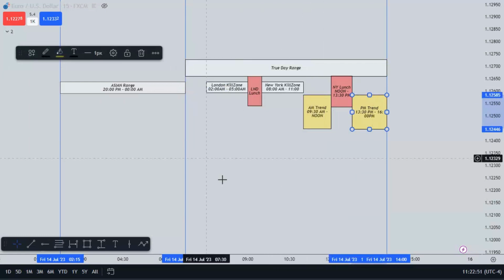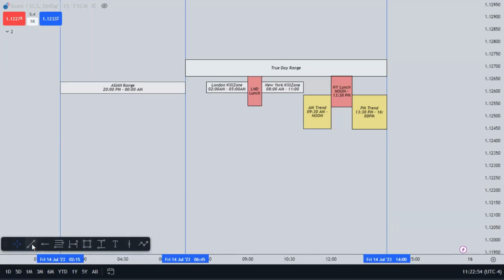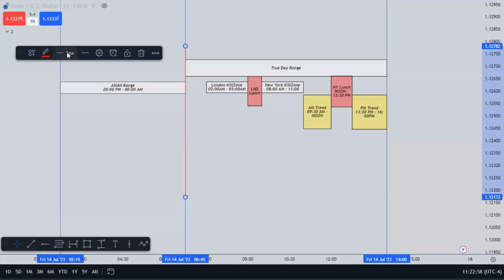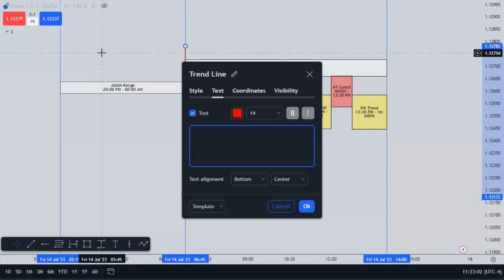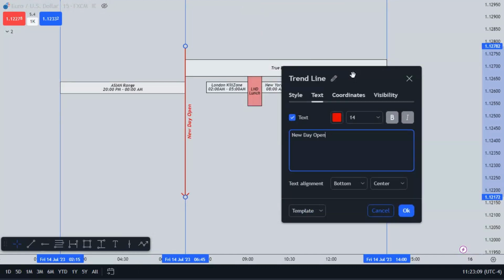So basically this is our true day range. This is where price opens like this, new day open.